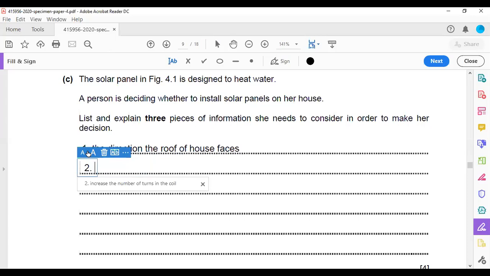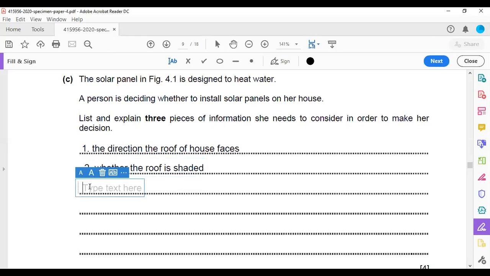I think 3 pieces of information need to be considered. The second one could be whether the roof is shaded. If the roof is shaded, that means no sunlight is going to hit the solar panels. So definitely it makes no sense to use the solar panels.